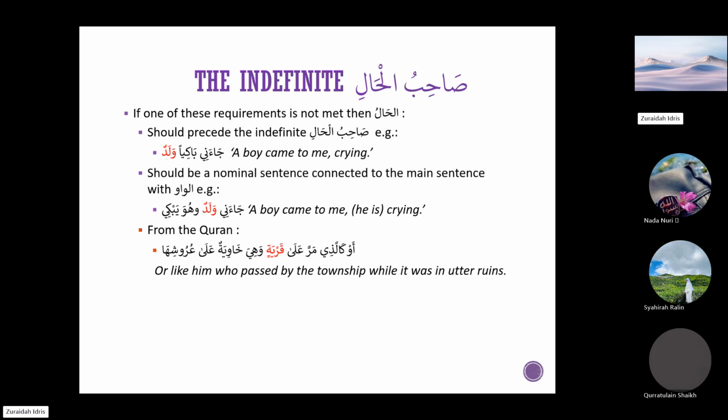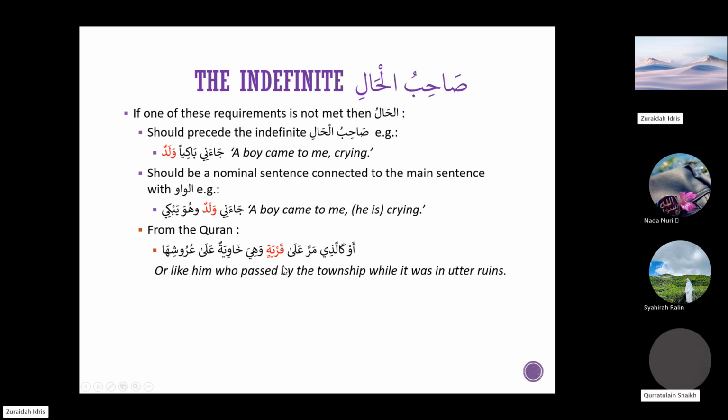What's the hal here? Is the jumla ismiya starting from here, khawiyatun ala urushi? And they put the qaryatin before the hal. Yes.